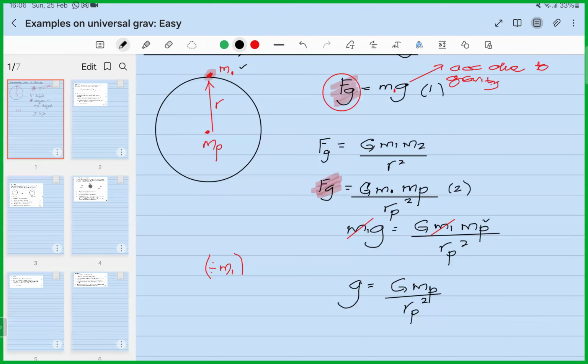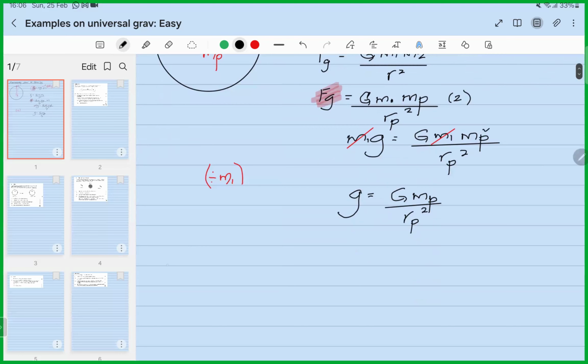And I want you to remember this because sometimes the examiner doesn't give this, and sometimes we don't end up looking for it on our data sheet. But the mass of Earth is actually given to you as a constant on your data sheet.